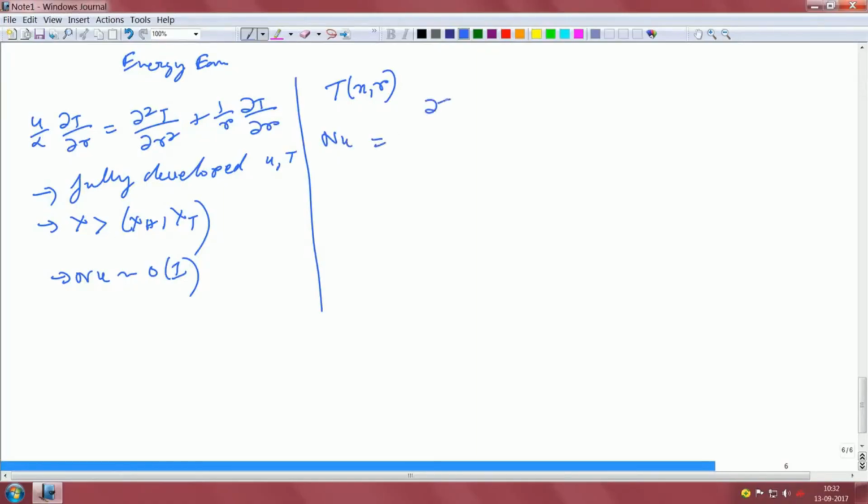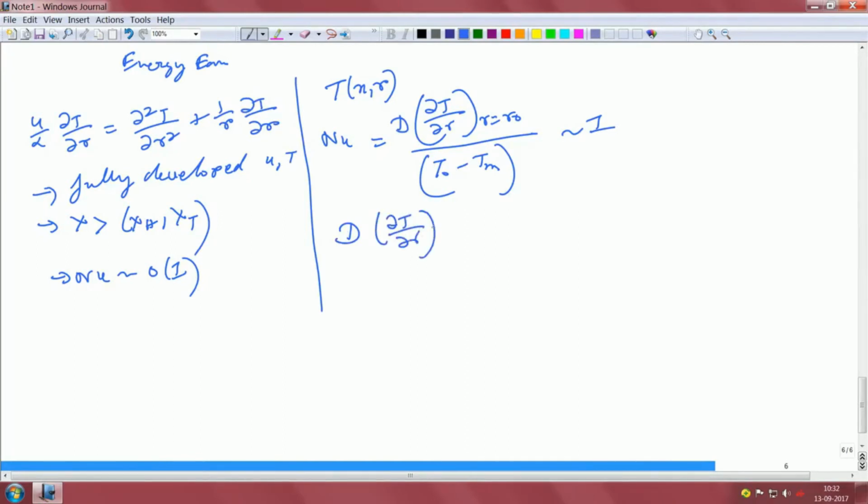So, let us take the primitive definition of Nusselt number. At r equal to r naught, that means at the wall, the Nusselt number is of the order 1. That would mean that dT/dr at r equal to r naught is the same as T naught minus T mean, for any x.